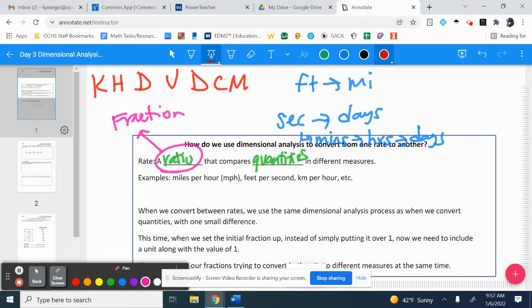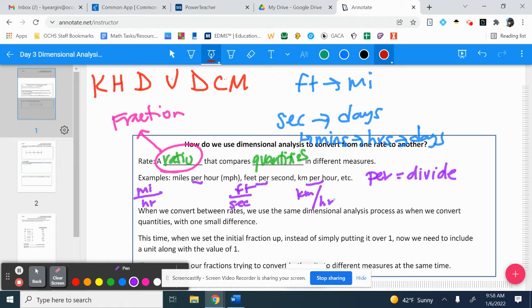So for each of these things, you should see the word per. Examples: miles per hour, feet per second, kilometers per hour. And every time that we set these up, that's just going to mean divide. So the word that comes after per will be my denominator every single time.